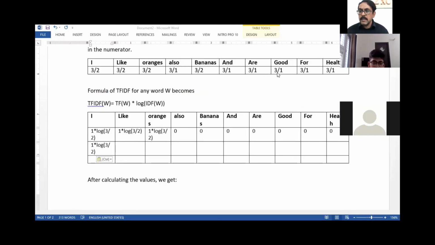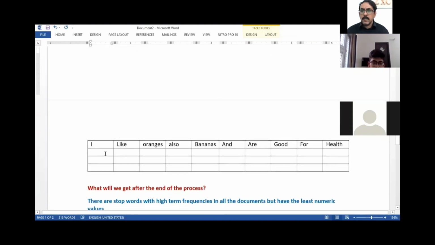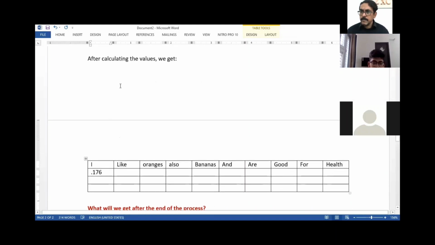Now I have this scientific calculator with me. 3 by 2 means 1.5. So if I simply say log 1.5, the value will be 0.176. So I'll feed in the next column 0.176. Correct. Is it clear?